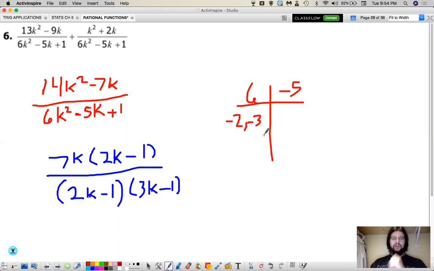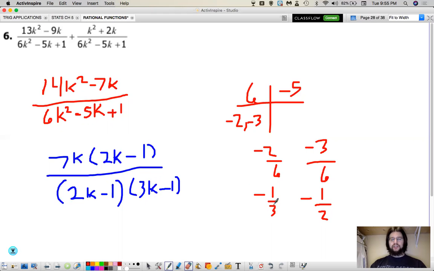Okay? So we're going to put those over A. So negative 2 over 6, negative 3 over 6. Simplify that, negative 1 over 3, negative 1 over 2. So this one, my coefficient is 3, my addend is negative 1, 3k minus 1, coefficient of 2, addend of negative 1.